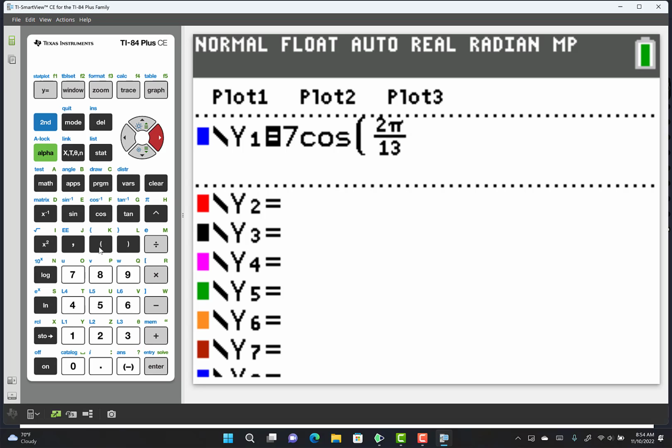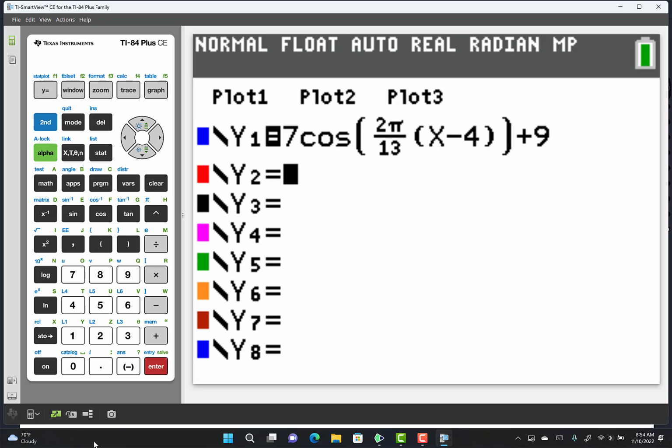And then move to the right. Close, close. Plus 9. Okay, everyone should have a y1 that looks like that. If your y1 does not look like that, please let your partner know or let me know, and we'll type it in together. On y2, what am I going to type in?